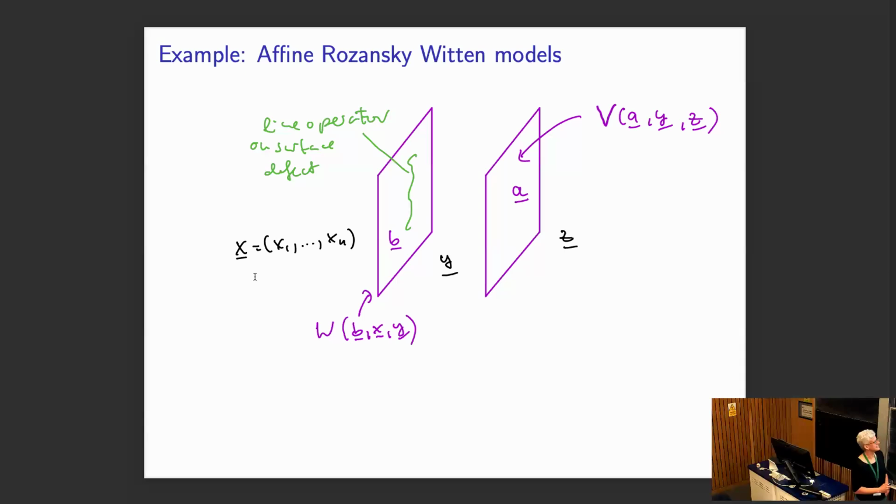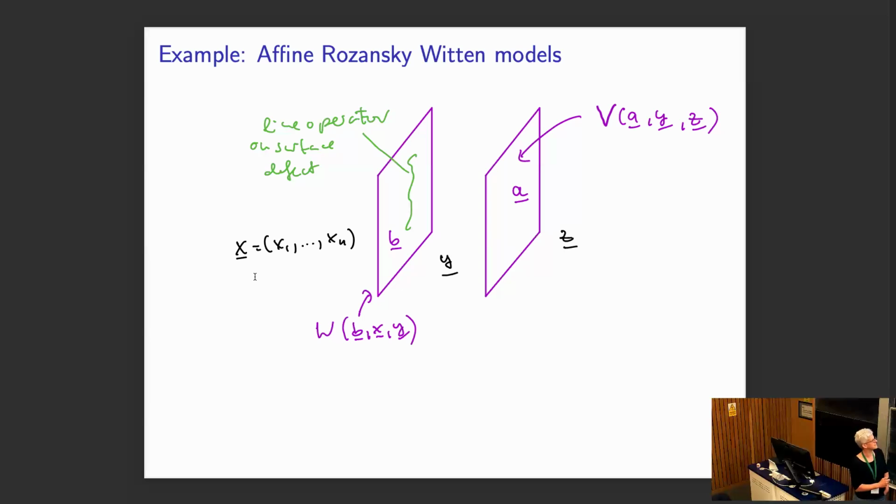Then there are surface defects, and they carry two labels. One is some extra list of variables restricted to the surface and not inherited from the bulk, and the other thing that we associate to the surface is a polynomial. It's called W because it's basically a superpotential.